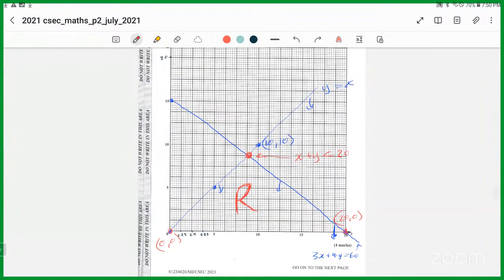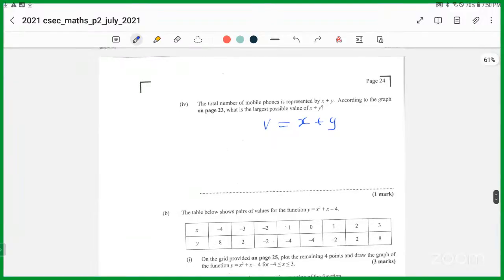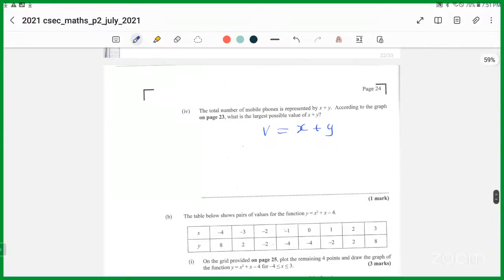20, 0. So the answer for this is the point 20, 0. So the total number of phones, according to the graph, what is the largest possible? 20, 0. Alright? V max, let's call it value. V max, we call it in the formula value.